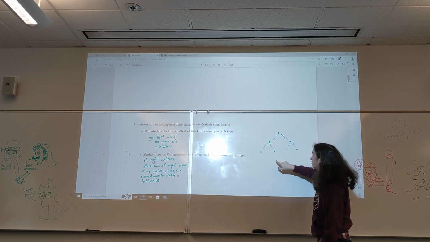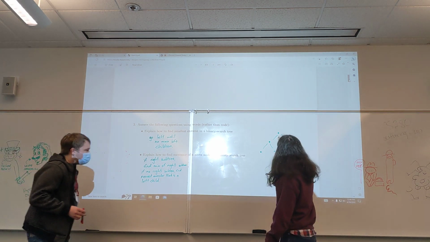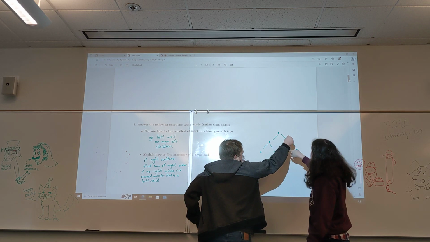If there's no right subtree, such as this one here, then you go up until you find, I guess this is not a left child, but the root. Oh, right. This thing has a left child.